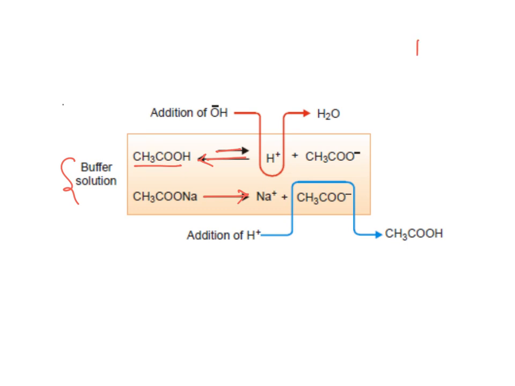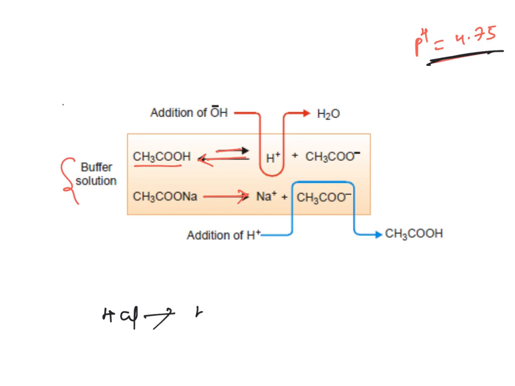Let us assume this solution has a pH of 4.75. Now if I add a base or acid, the pH should not change, and only then do we call it a buffer solution. Let us assume first I am adding an acid, HCl, to the buffer solution, that is the combination of acetic acid and sodium acetate.